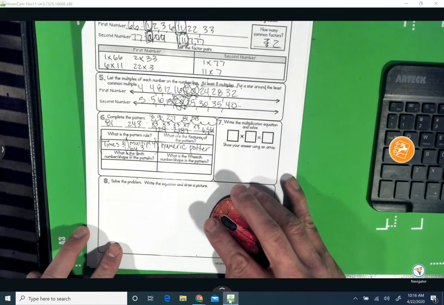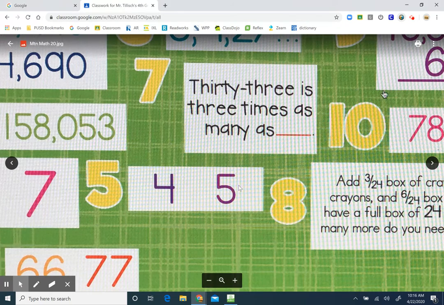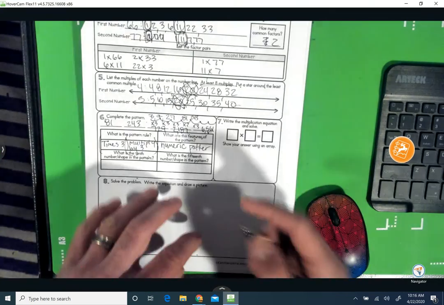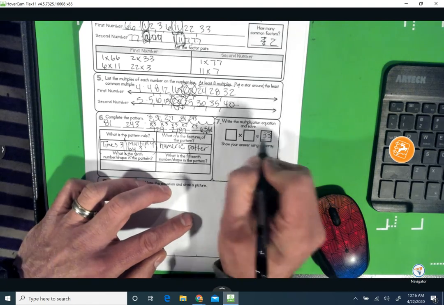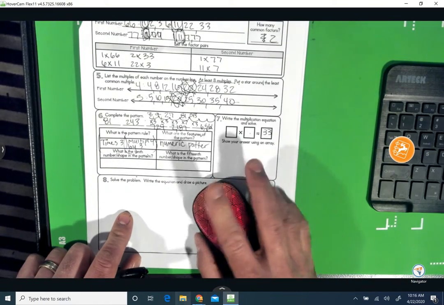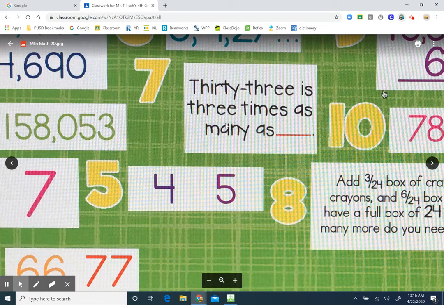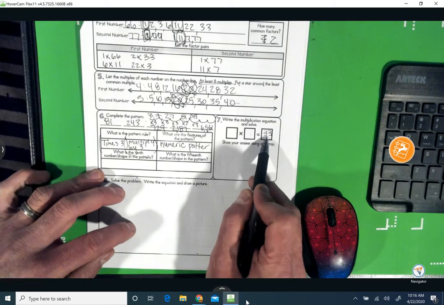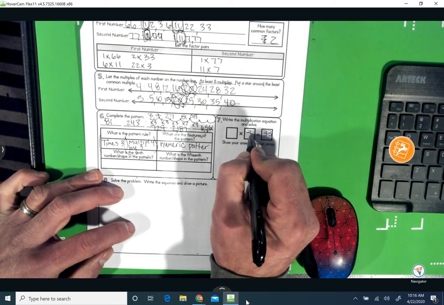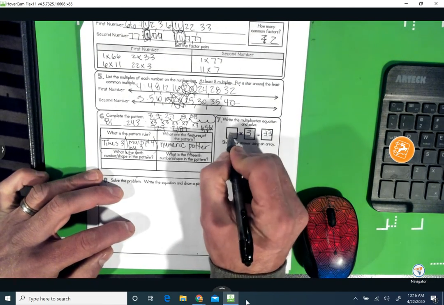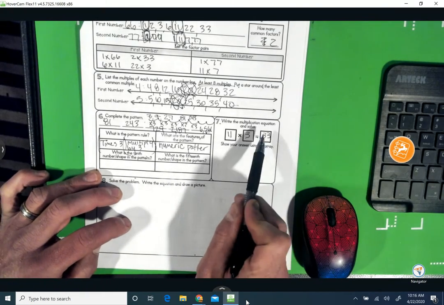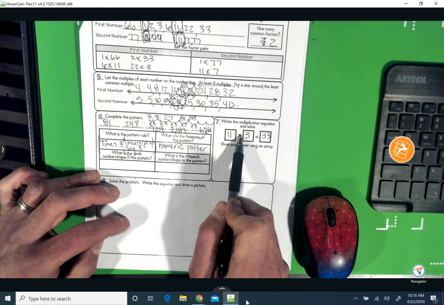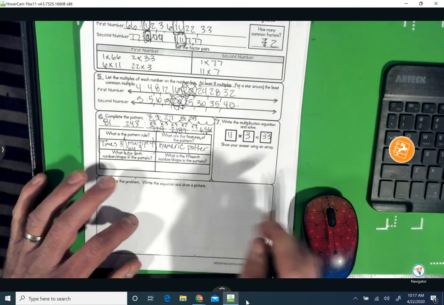I want to take a look at 33 is. 33 is the same thing as saying 33 is equal to 3 times as many as some number. 33 is equal to 3 times as many as 11. 11 times 3 is 33, or 33 is 3 times as many as 11. And then you can draw your array down there.